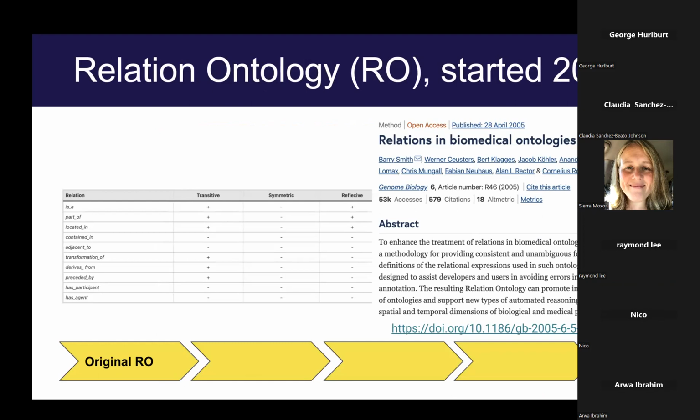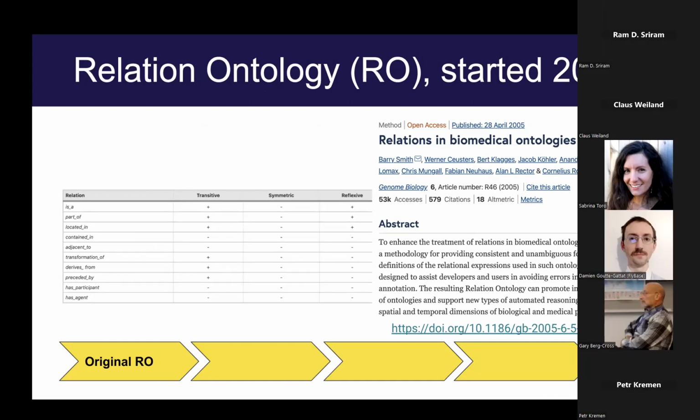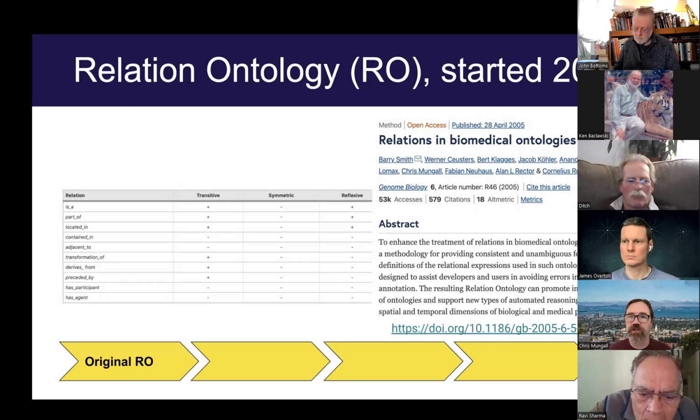This paper came from work largely driven by Barry Smith's early work, and many of you will know him, of course. The original version of the Relation Ontology was designed as a common domain-neutral ontology with generic relationships such as part of, located in, contained in, and so on, plus a first order logic axiomatization of those terms.